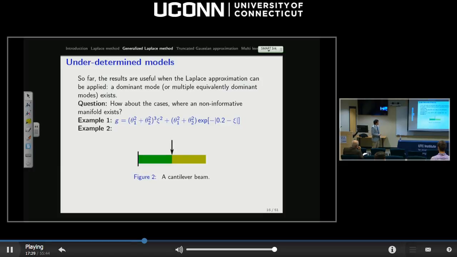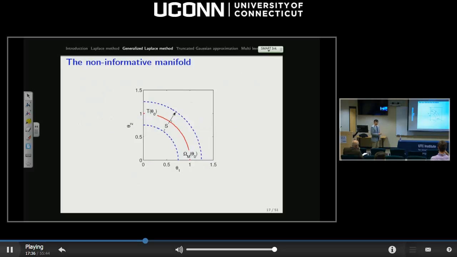Now our problem is how to estimate the expected information gain. The main idea is very simple. Suppose we have a parametric domain, two-dimensional, and we have a manifold where the posterior concentrates. We can show that if you keep doing experiments, collecting data, the posterior will start to concentrate along this manifold.